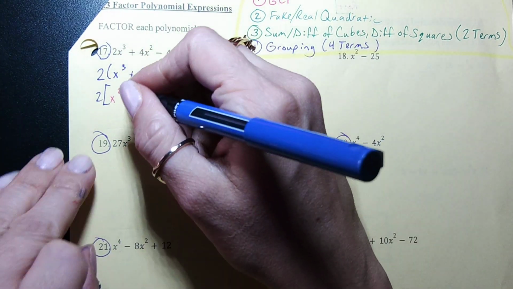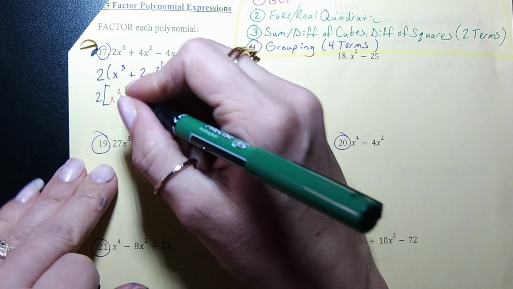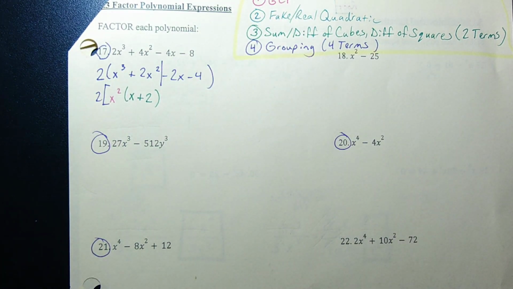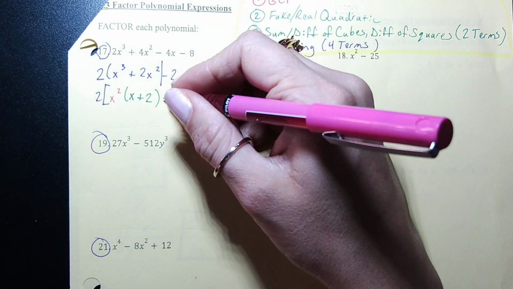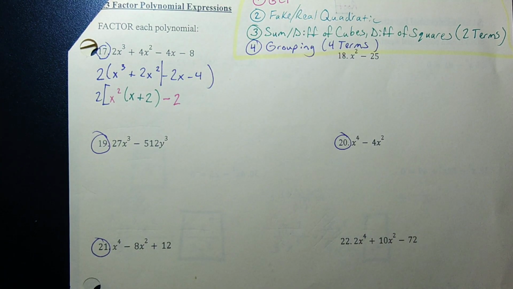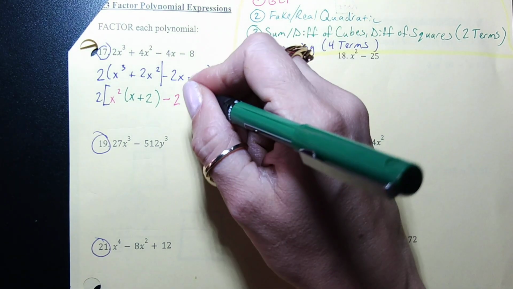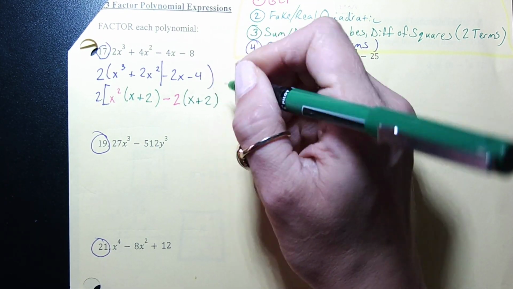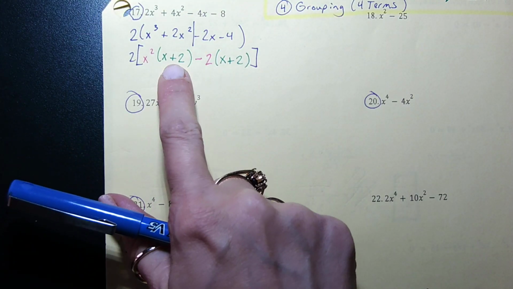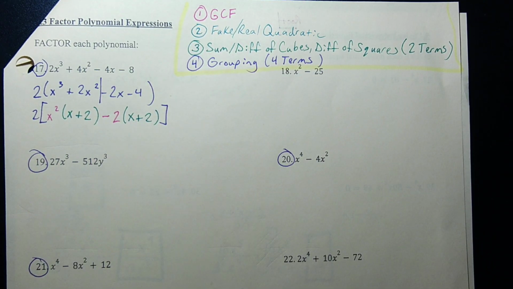We're going to take out an x squared from the first group, giving me x plus 2. Then we're going to take out a negative 2 from the next group. Why negative 2? Because we want those parenthetical terms to be the same so that I can take out a GCF of x plus 2 from both of those.